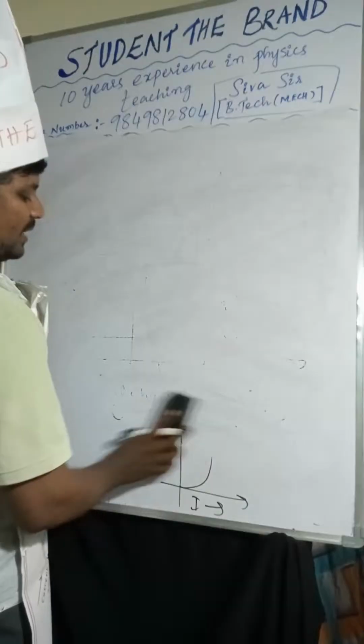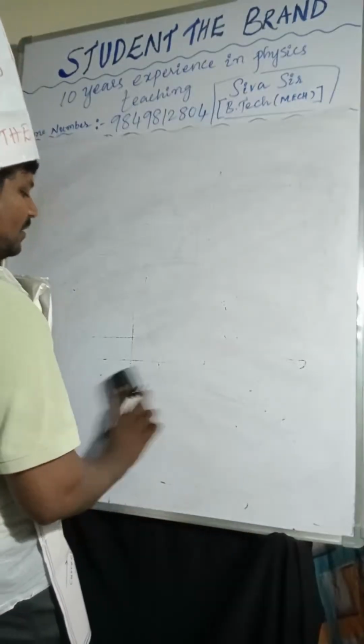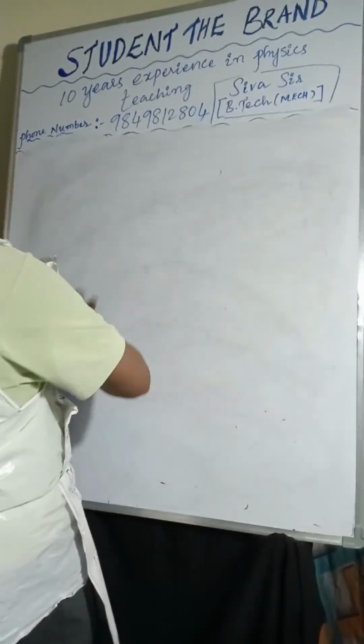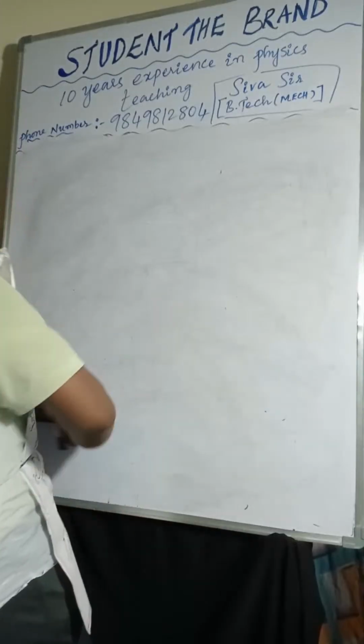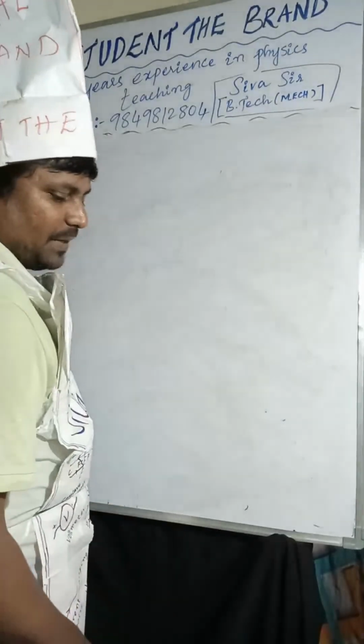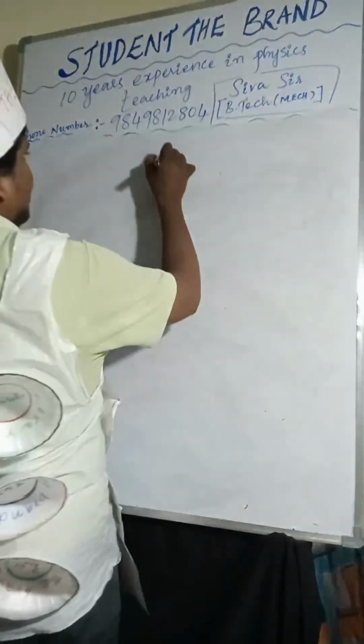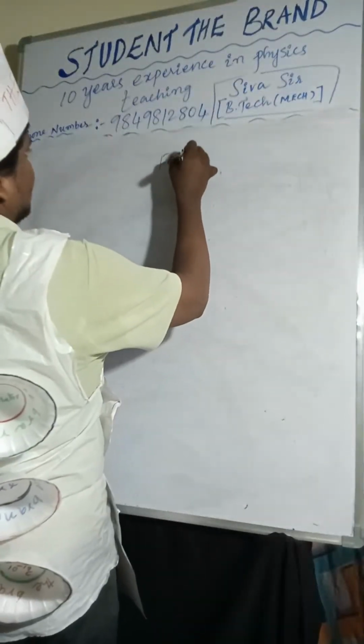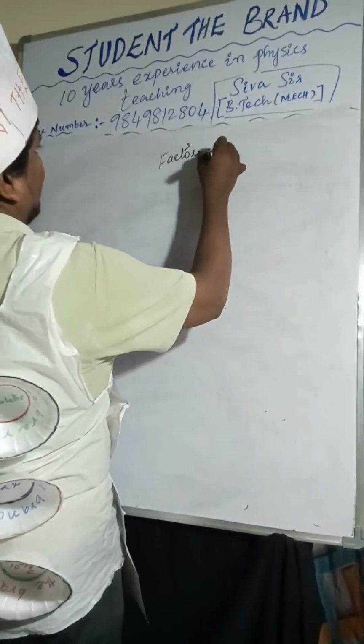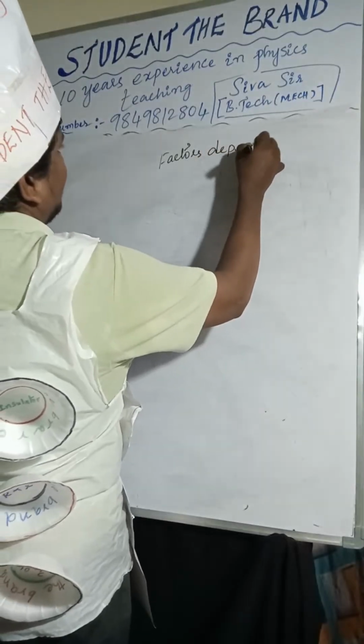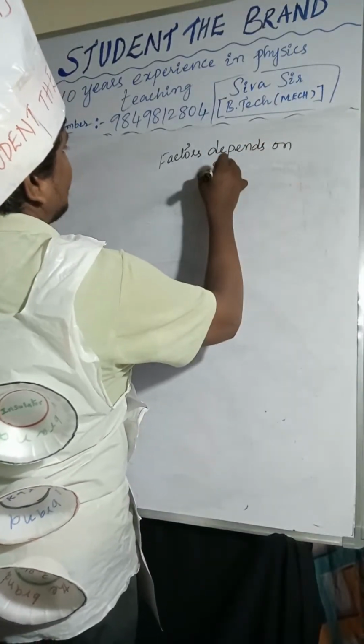Now we go point by point. Next one: factors that resistance depends on.